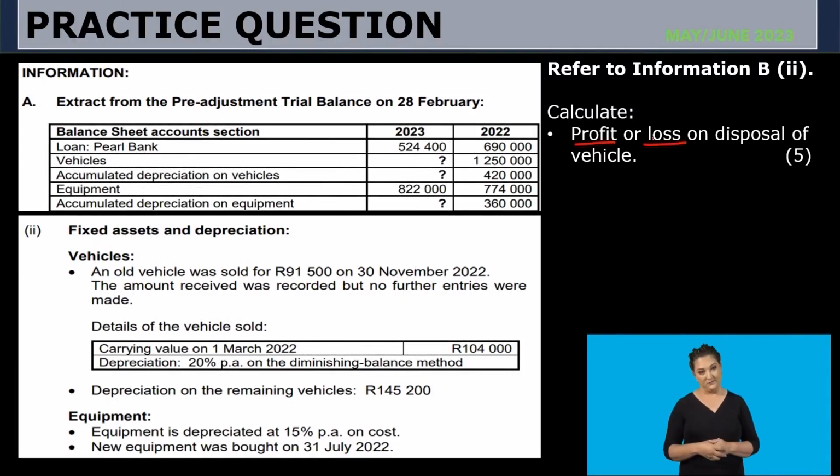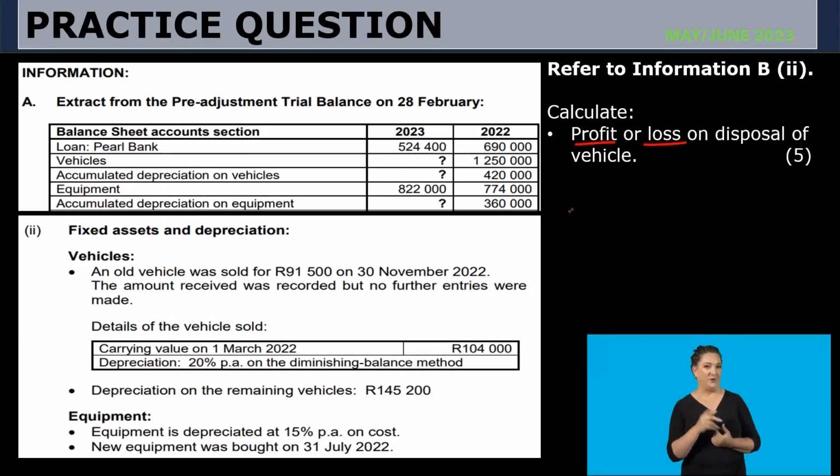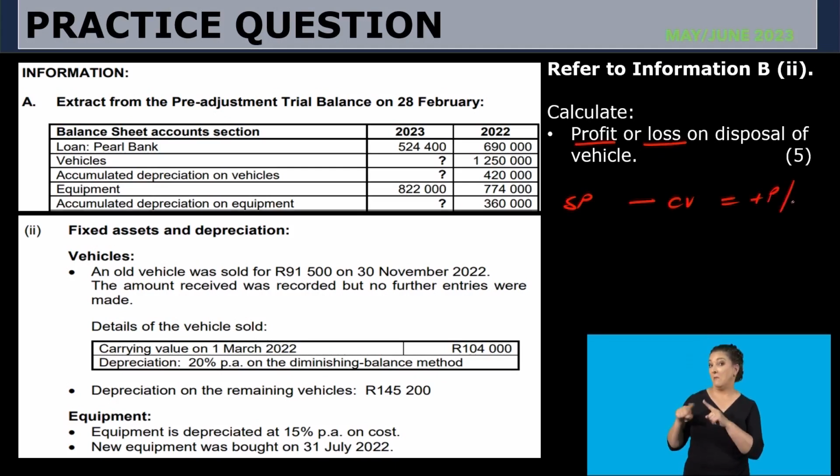I want to show you the quickest way to ascertain that. You simply say the selling price minus the carrying value, and if it's a positive, it's profit. But if it's a negative, it's loss.